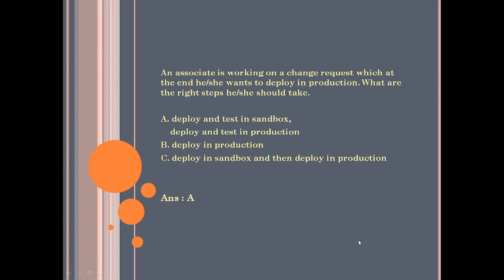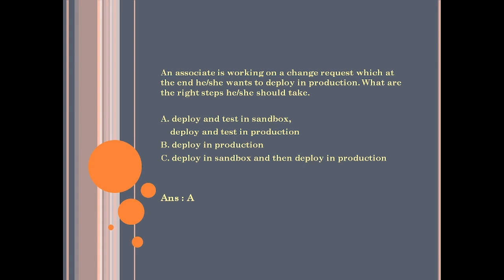The first question: an associate is working on a change request which in the end she wants to deploy in production. What are the right steps she should take? So the associate wants to deploy a change request into production. Option A: deploy and test in sandbox, and deploy and test in production.